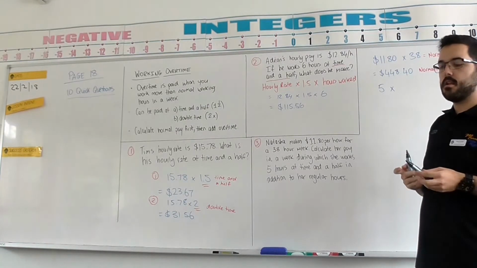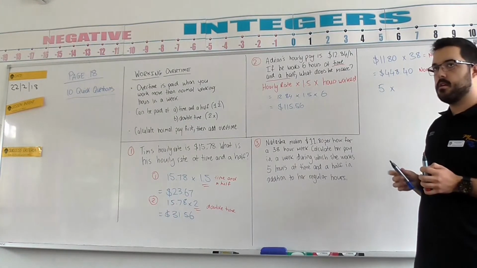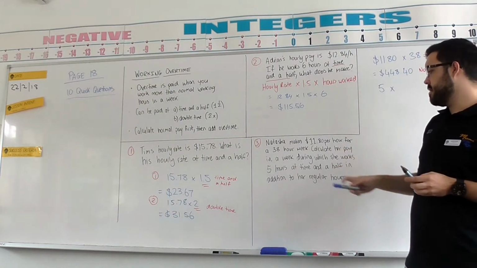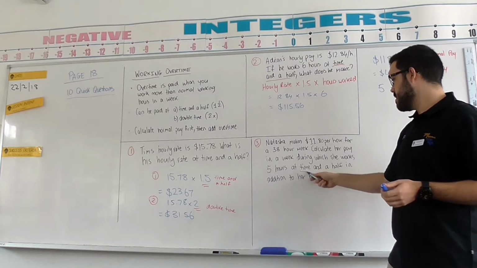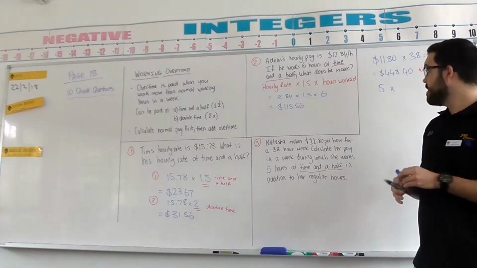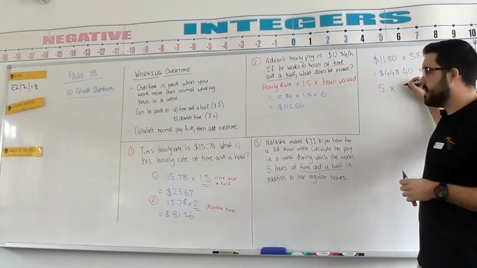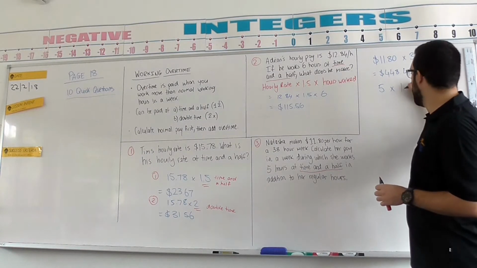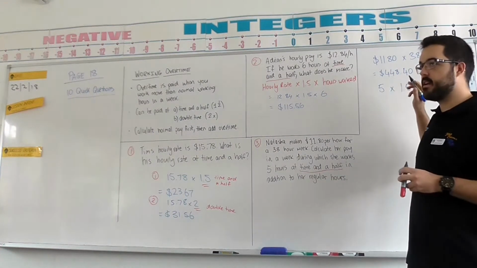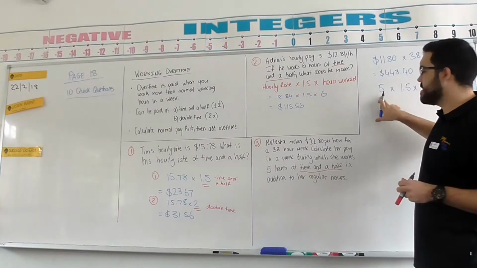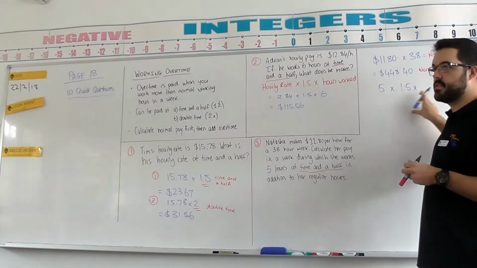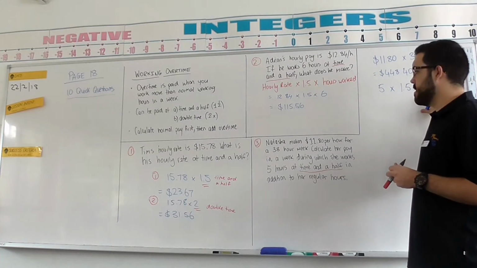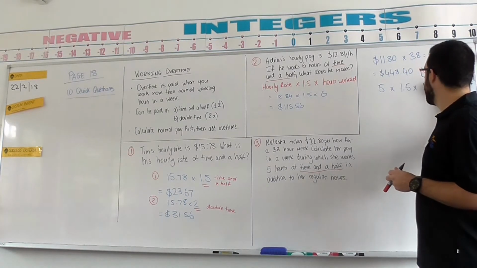What's the rate? Time and a half. So what does that mean I multiply it by? 1.5, time and a half. Multiplied by what in the end? I've got the amount of overtime, I've got time and a half, what's missing? Normal pay.